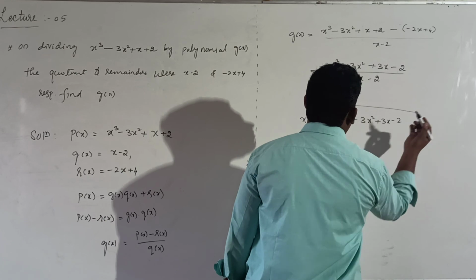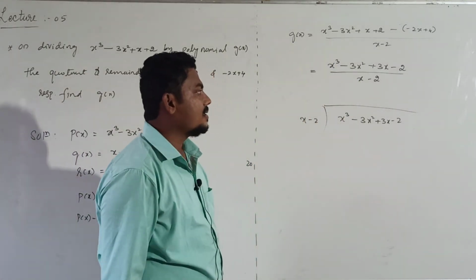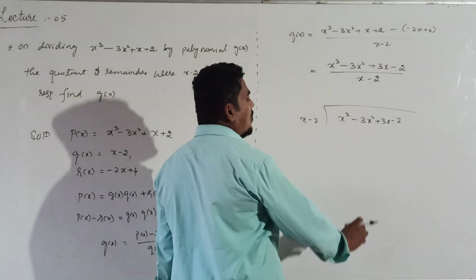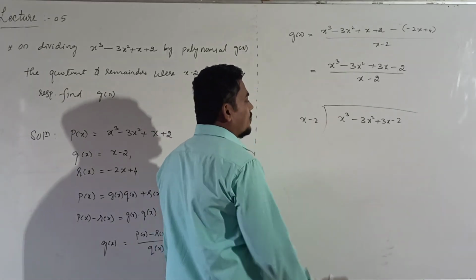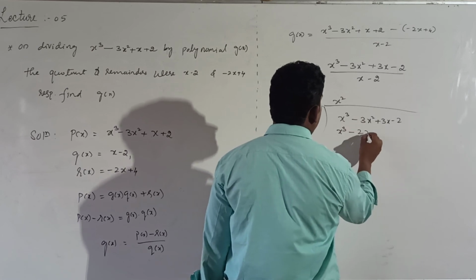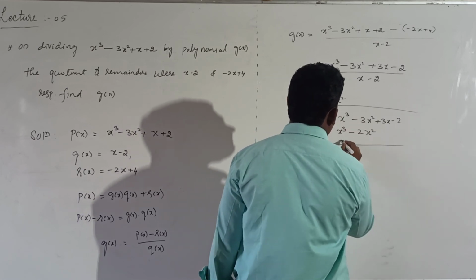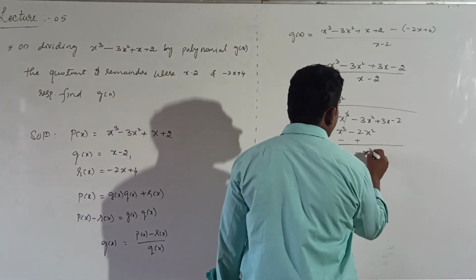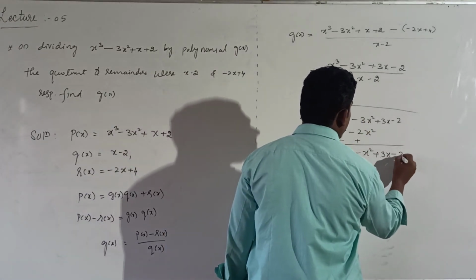For getting x cube, which term do we need to multiply? That is x square, giving x cube minus 2x square. Reverse the signs and cancel. We get minus x square plus 3x minus 2.